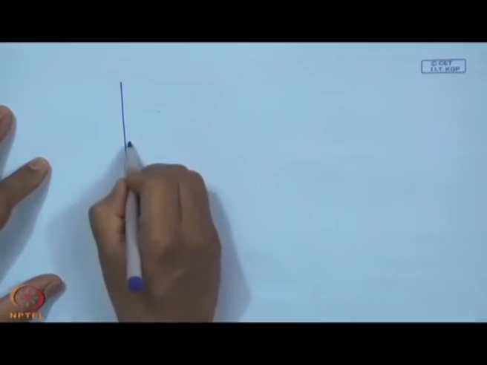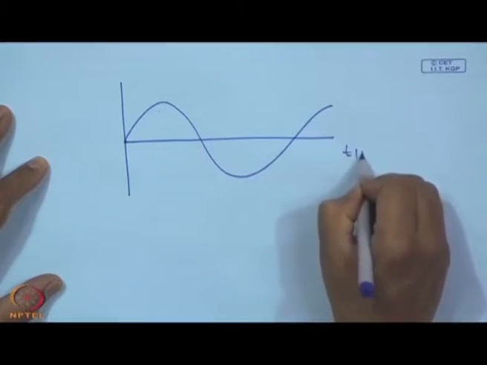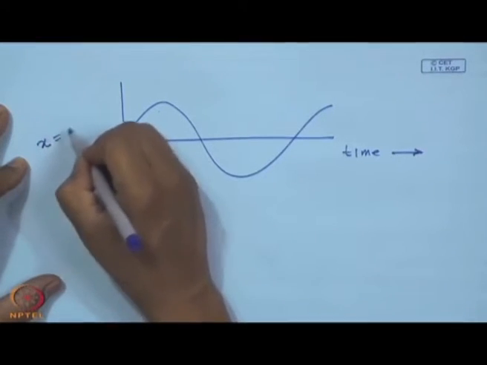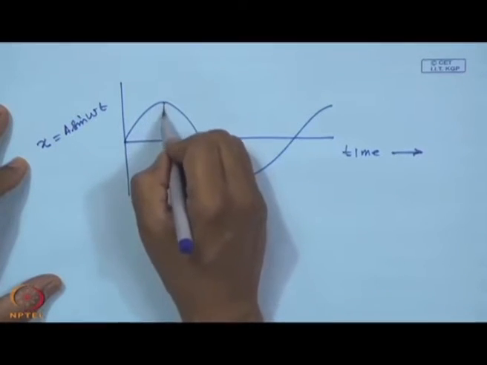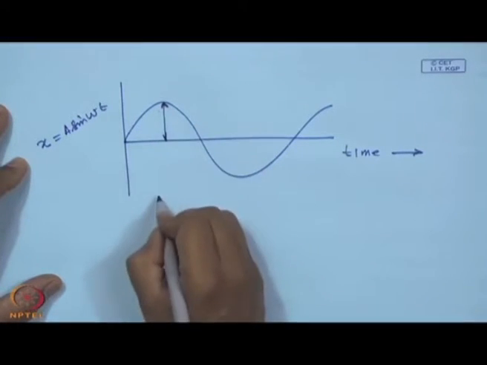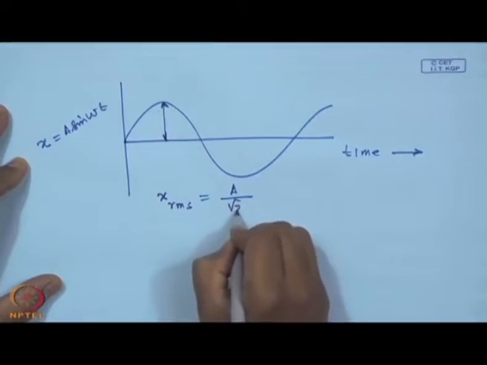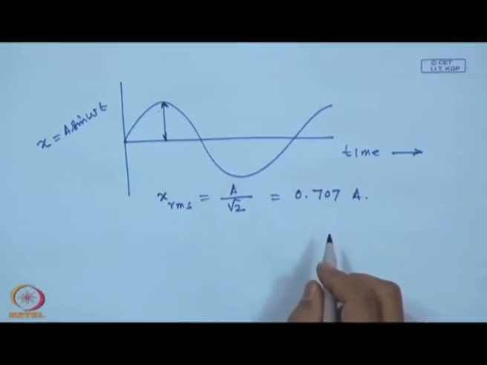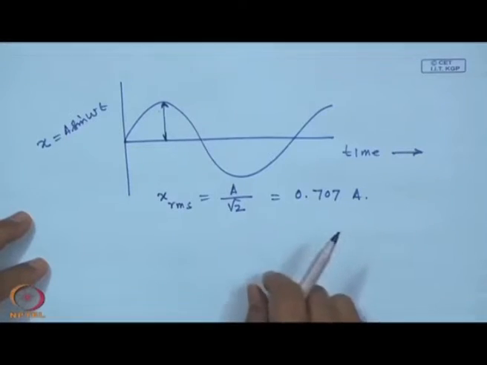And we know for a harmonic wave, any general x equal to a sin omega t, the RMS amplitude x RMS is nothing but a by root 2, that is 0.707 a. So, to answer the second part of the problem, find out the RMS amplitudes of velocity and displacement provided by the calibrator.